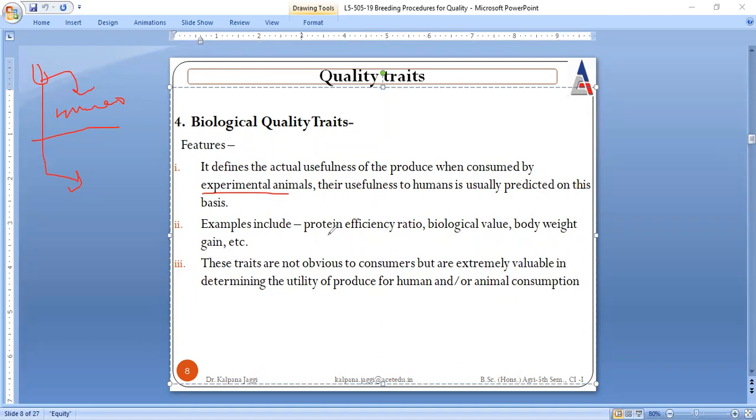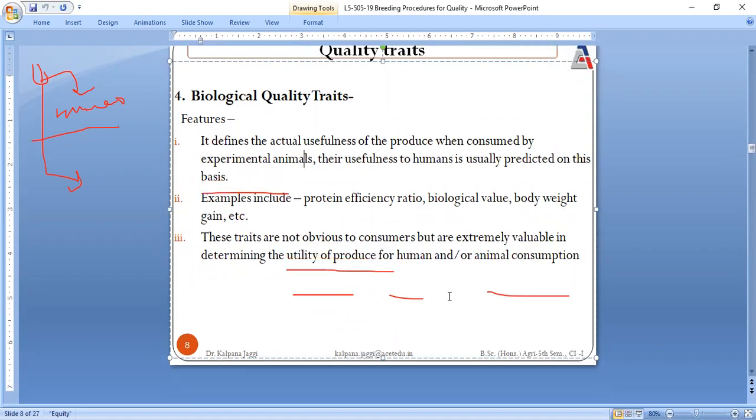For example, these biological quality traits include protein efficiency ratio, biological value, body weight gain, etc. These traits are again not obvious to the consumer because they are time consuming, but are extremely valuable in determining the quality of produce for human or animal consumption, right?